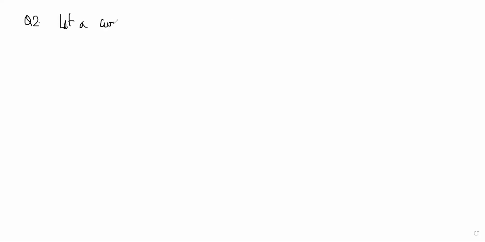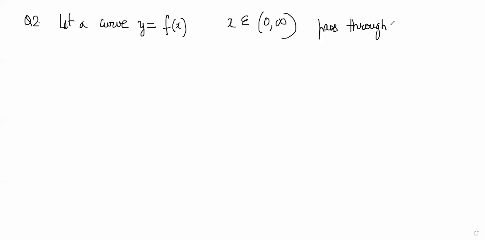Let a curve y equal to f of x, where x belongs to 0 to infinity, pass through P, which is 1 comma 3 by 2, and Q, which is a comma half.